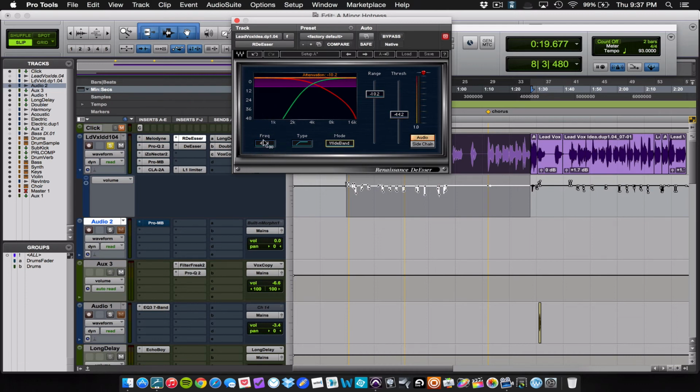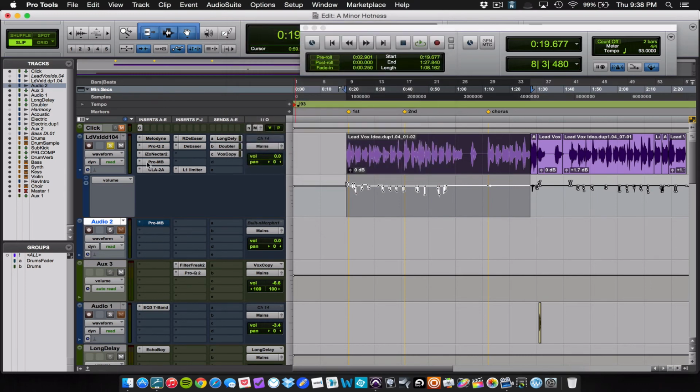Does that make sense? So the frequencies that are building up, the S's, all that, around 4700 are going to cause the compressor to react, but when it reacts, it's going to compress the entire frequency range. Then there's obviously split, which is focused more on just the frequencies we're talking about.